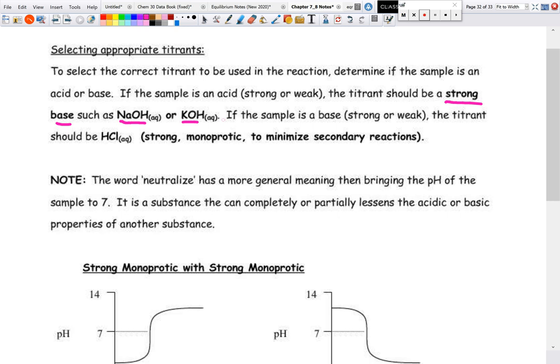If the sample is a base, whether it's strong or weak, the titrant needs to be hydrochloric acid, a strong monoprotic acid. Hydrochloric is the best. We can also use hydrobromic, nitric, or hydroiodic. We stay clear of sulfuric acid because sulfuric acid is H2SO4 and has 2 hydrogens. We try to stick with these single hydrogen acids.